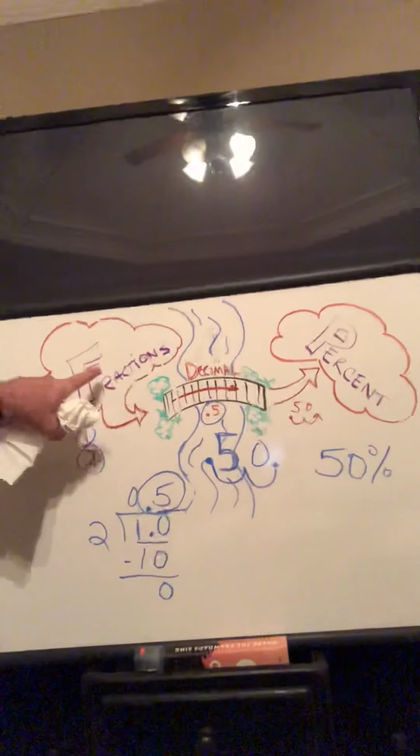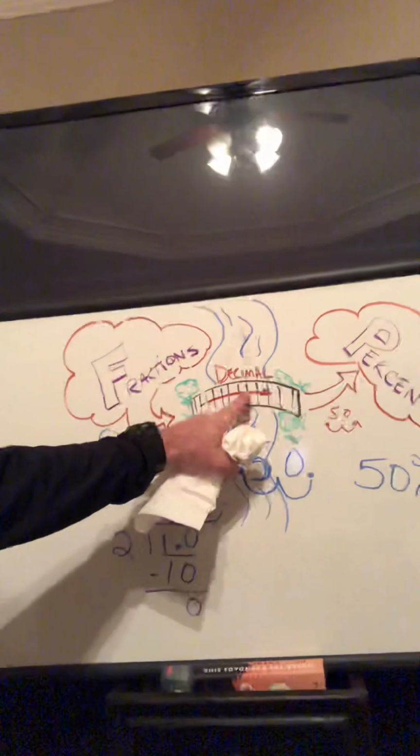So it's a very simple process if you can remember the steps. And here you go, let me get you a little bit closer to this. Remember that when you start with fractions, if you're not sure how to get to percent, remember the decimal bridge right here. And remember the man horse on the decimal bridge.